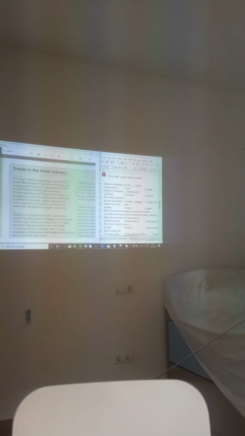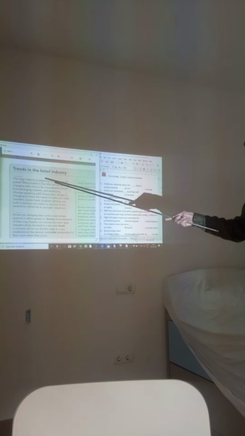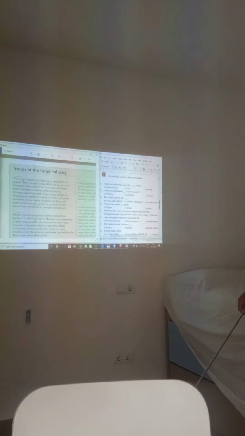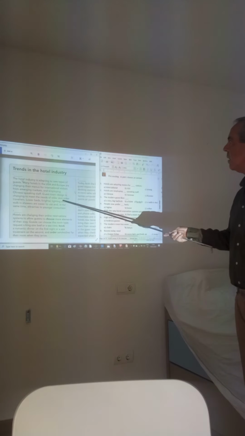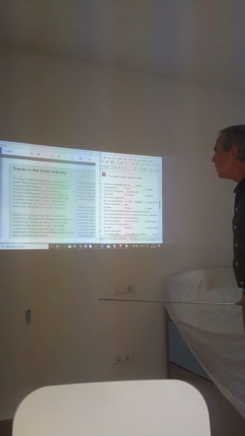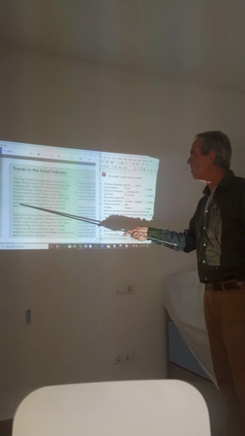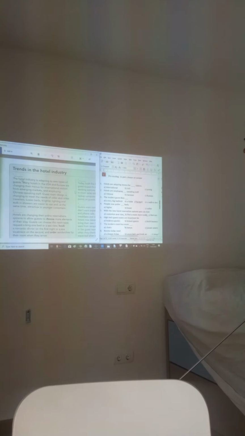Number 2, hotels are employing Chinese-speaking staff. Well, this makes sense because the Chinese economy, as you know, is growing and growing and growing. The modern guest likes basically a walk-in shower, okay? Where is it? Walk-in showers. And it's not higher.